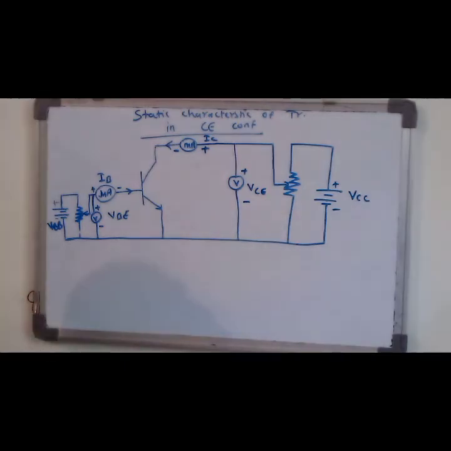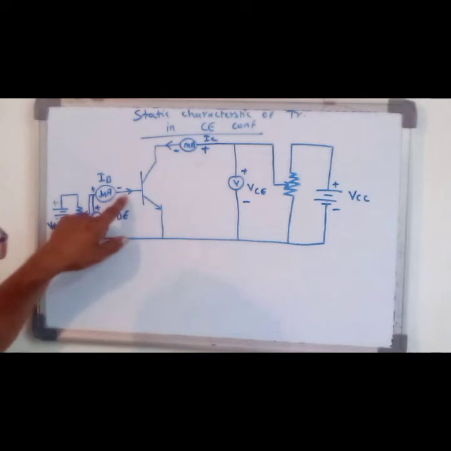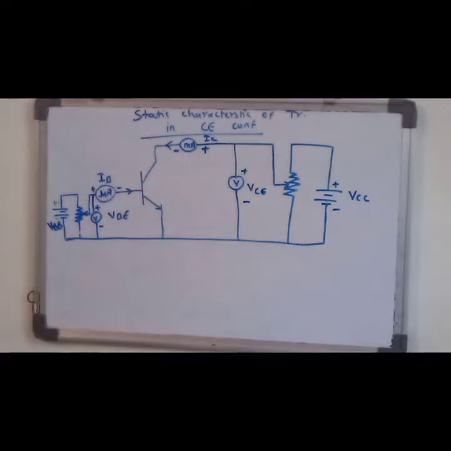Now when we have applied to this one, the emitter to base junction is forward biased, and the collector to base junction is reverse biased.